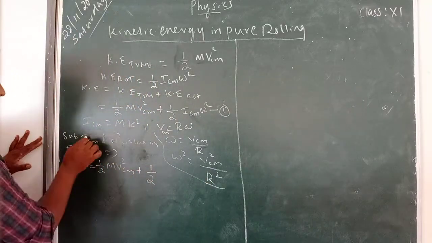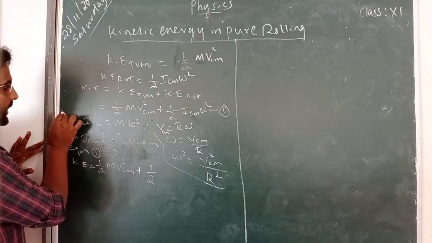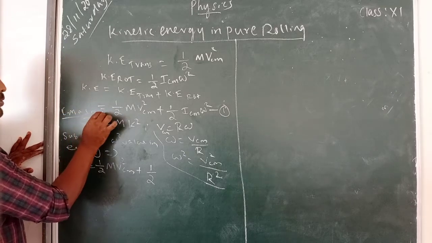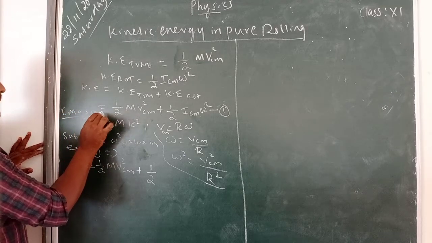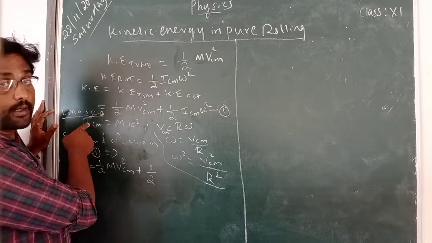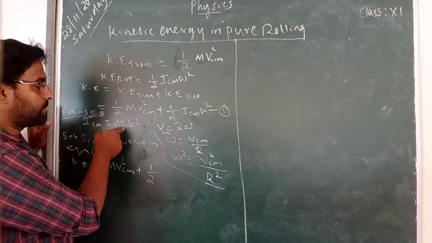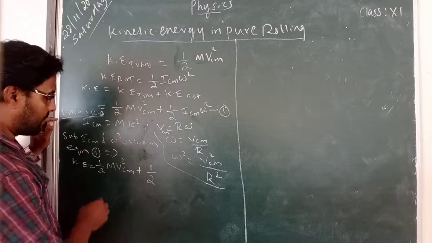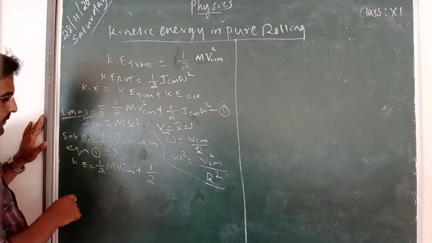Okay, we have chosen this because we are choosing center of mass as reference point. That's what the center of mass I choose. What? m k square, moment of inertia formula. That's what we are finding.